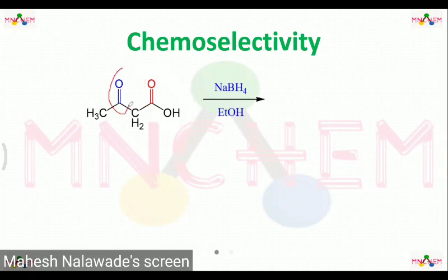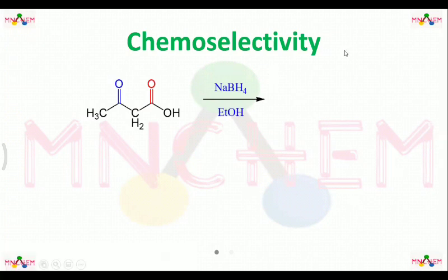So these two carbonyl groups are actually different. When we use sodium borohydride as a reducing agent, it has been observed that only the ketone carbonyl group gets reduced to hydroxyl group. The product formed is beta hydroxy carboxylic acid here. So this is a chemoselectivity in which only the ketone carbonyl group gets reduced, keeping the carboxylic acid carbonyl group intact.